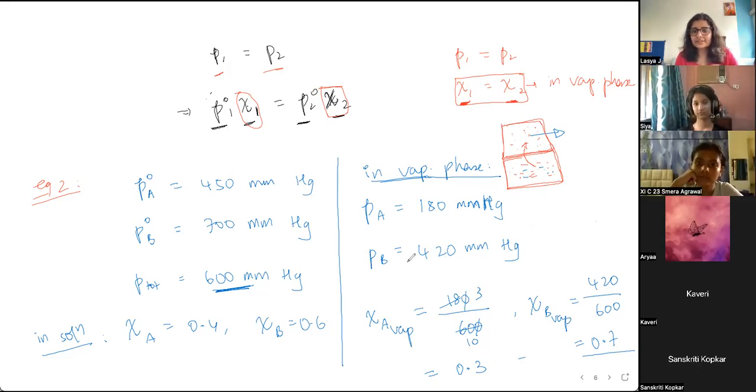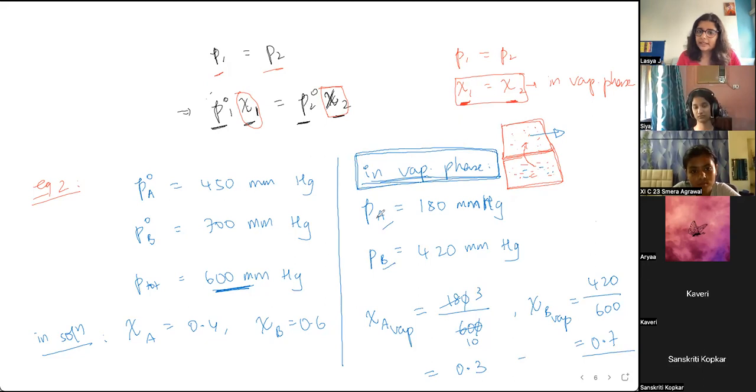Okay. So for this part, now we are focusing only on the vapor phase. You need to remember the concepts related to gases that you did pehle, with ideal gas laws and all. So it's basically a mixture of gases. We have two gases, A and B. A ka partial pressure is this much, and B ka partial pressure is this much. We have total pressure, P of A plus P of B. P total is 600, or you can get it by adding 180 plus 420 also.